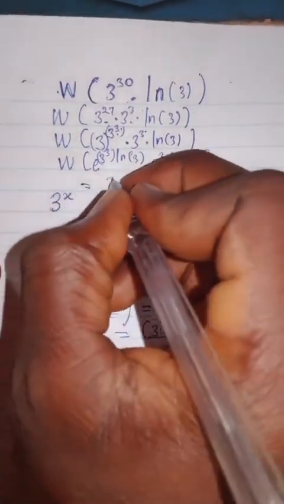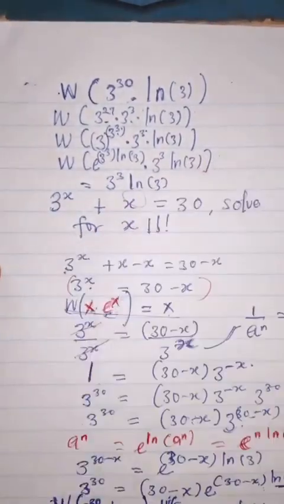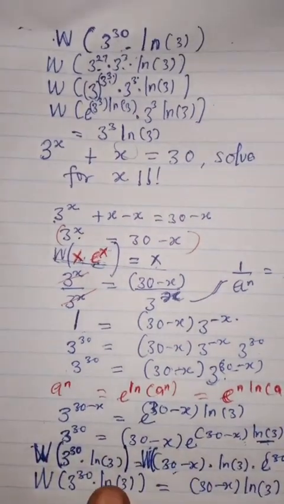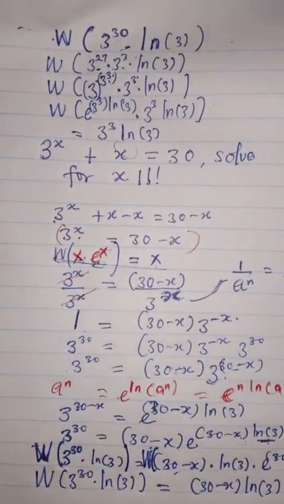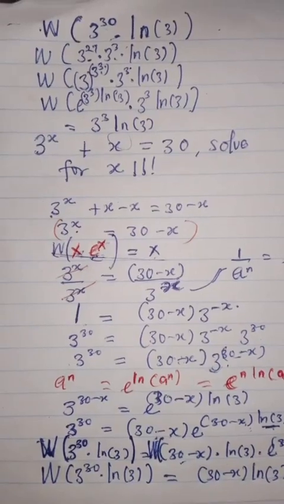So we've gotten the value of the Lambert W function of 3 raised to the power of 30 multiplied by natural log of 3, which is 3 raised to the power of 3 multiplied by natural log of 3.